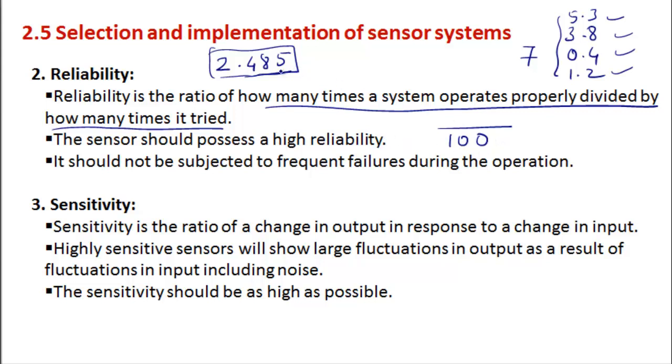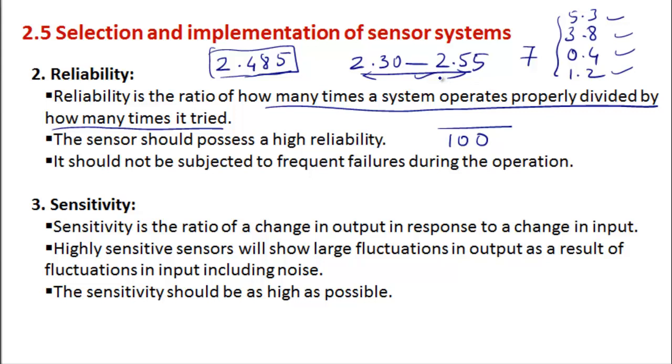Suppose they decide that if the original value is 2.485, it should give me something within a range, let's say between 2.3 and 2.55. This is the range within which the reading should come, and this is the accuracy I am looking at.